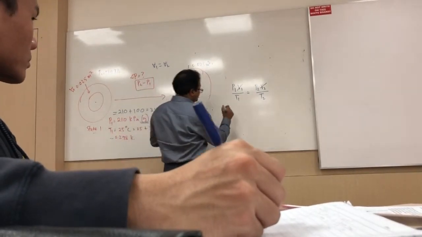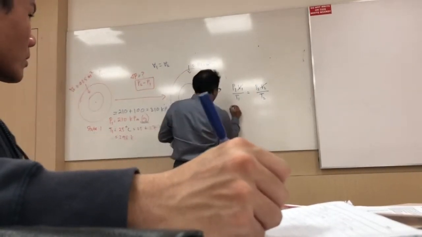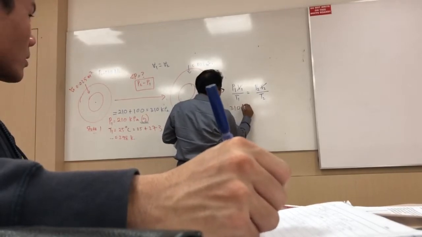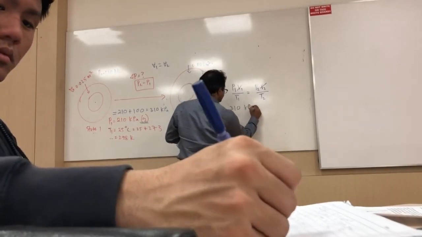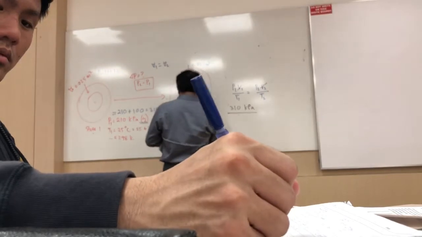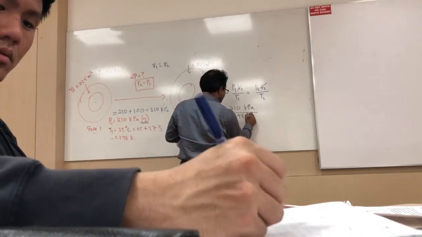Now I substitute the data. P1 is 310 kilopascal, T1 is 298 Kelvin.